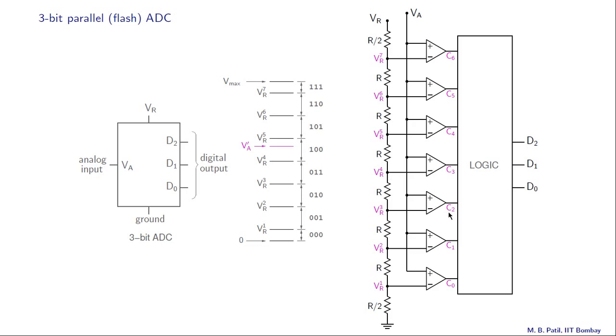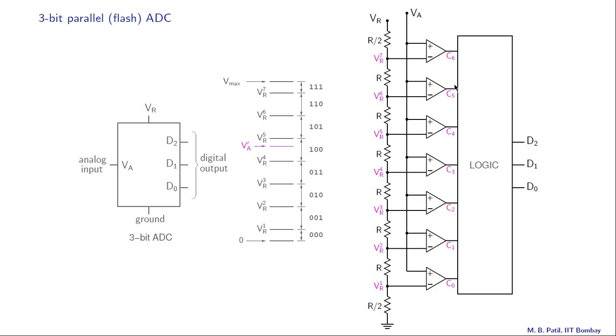C2 also is going to be 1 because VA is also greater than VR3, and C1, C0 are also going to be 1. On the other hand, C4 is going to be 0 because VA is less than VR5, and also C5 and C6 are going to be 0.